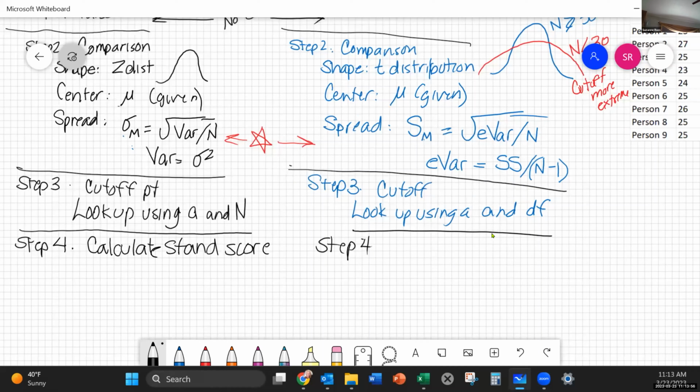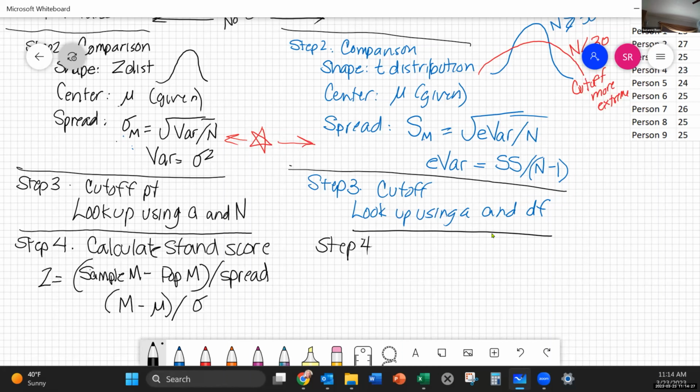So the basic formula is sample mean minus population mean divided by spread. So that is our standardized score, which is our z-score. And it looks like this, M minus mu divided by, remember our spread is right here, this, the standard deviation for the distribution of means.